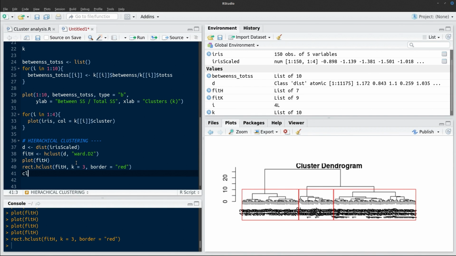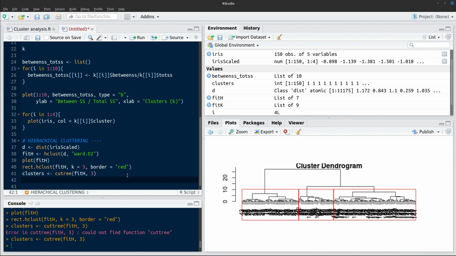To actually get a vector of cluster membership, we have to use the cutree function, where again we supply the clustering model and supply the number of clusters. Oops, there's only 1 t. There we go.